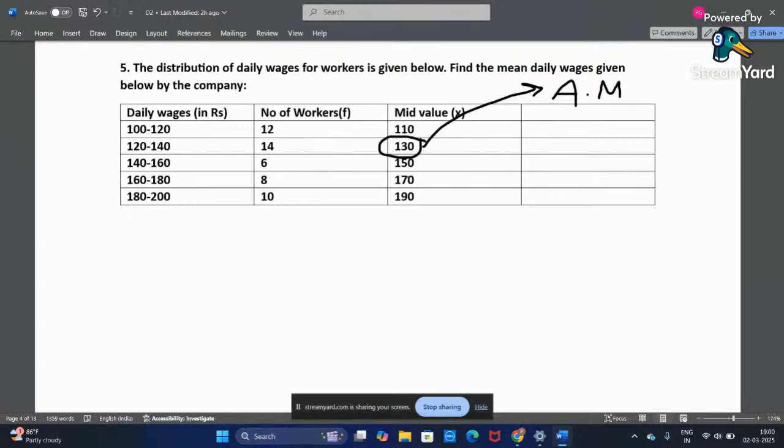You can take 110 or 150 or 170, 190, any of these numbers. But here I'm taking 130. You can try solving by taking 110 or 150, any of these numbers. Here what you have to do, you have to subtract the assumed mean value.